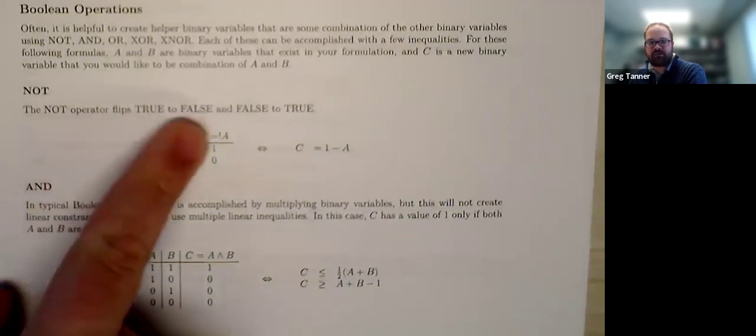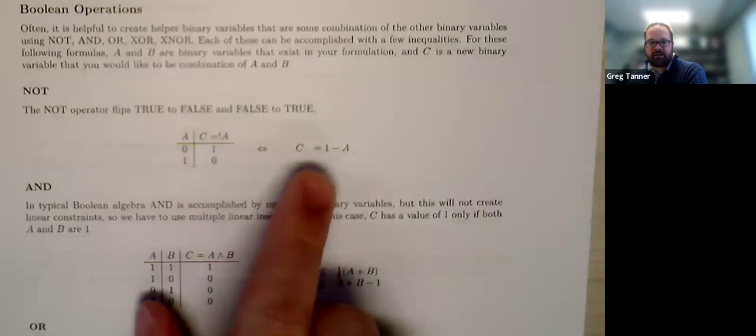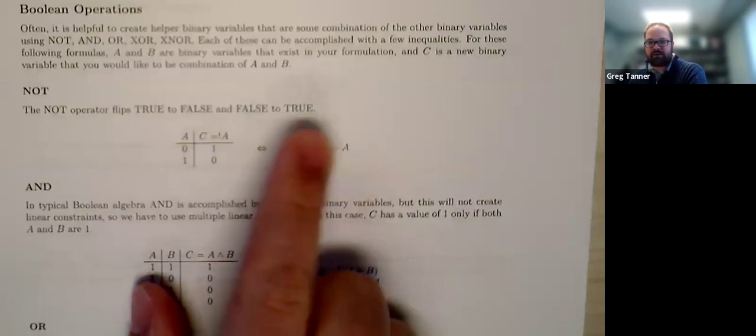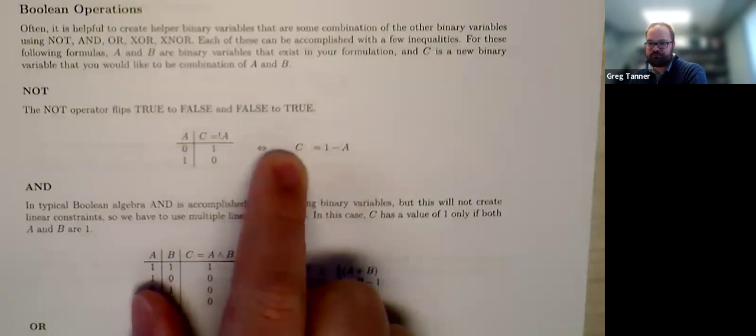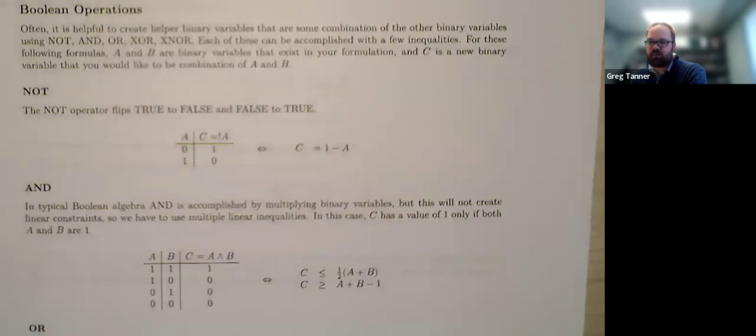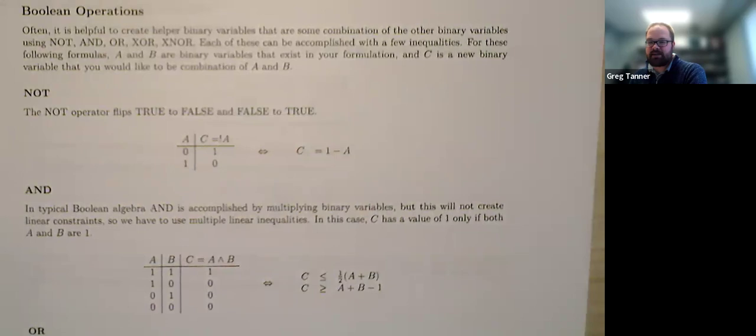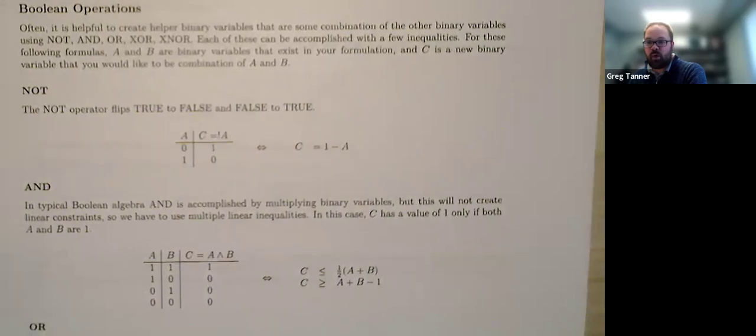It flips true to false and false to true. And that's a pretty simple, just take 1 minus the binary variable to get its not version. Okay, and we sort of saw that before when we used 1 minus y on the either or constraint. So 1 minus y always has the opposite value as y.